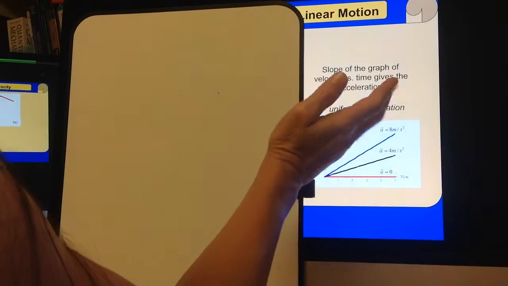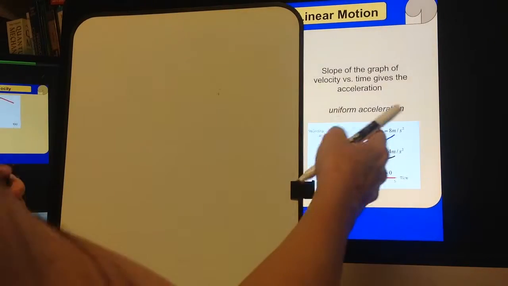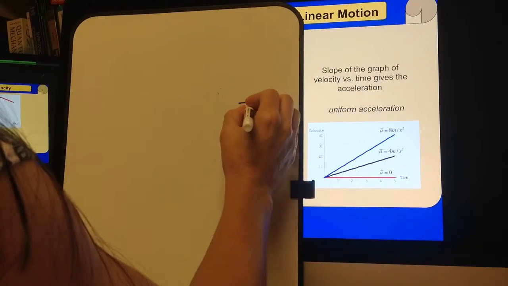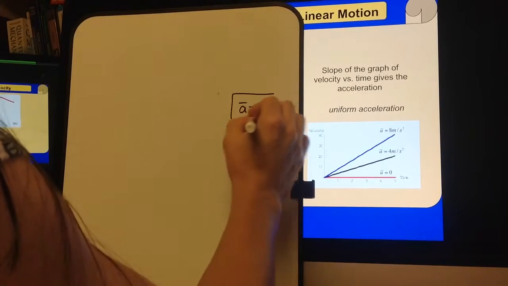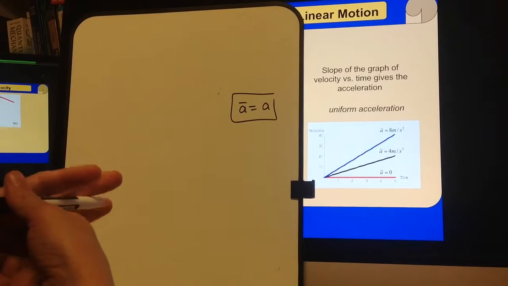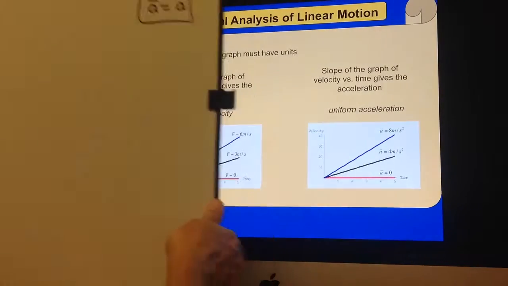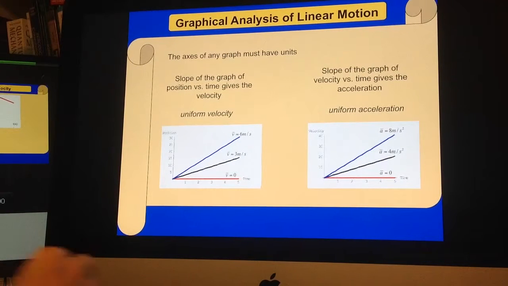The larger the slope, the larger the acceleration is. The average acceleration, which in this case is equal to the instantaneous, because we have uniform acceleration, the acceleration is not changing. Okay, so we got a lot of information just by looking at this graphical representation.